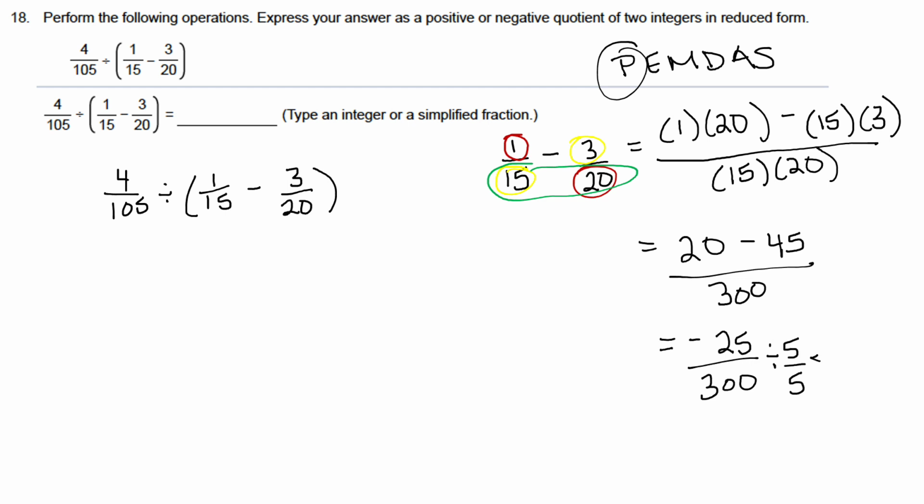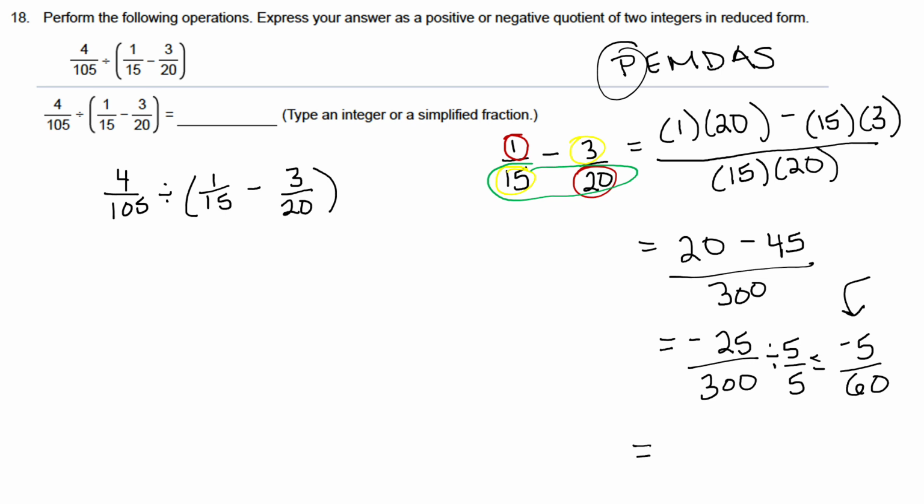Negative 25 divided by 5 is a negative 5. And then 300 divided by 5 is 60. Now if you look at this fraction, we have negative 5 over 60.